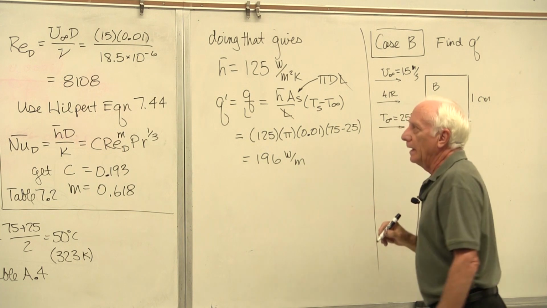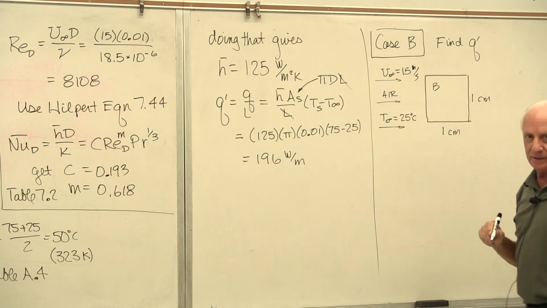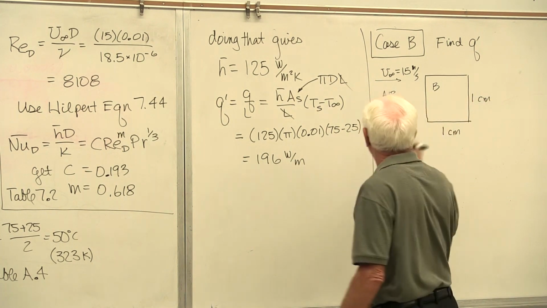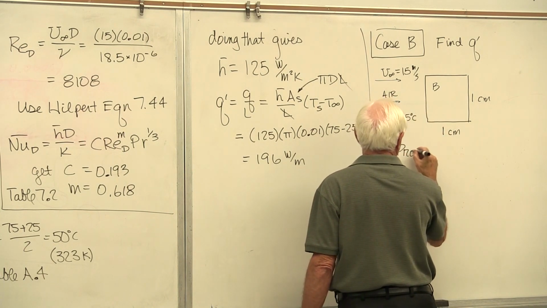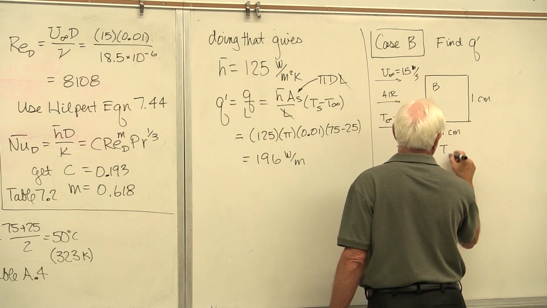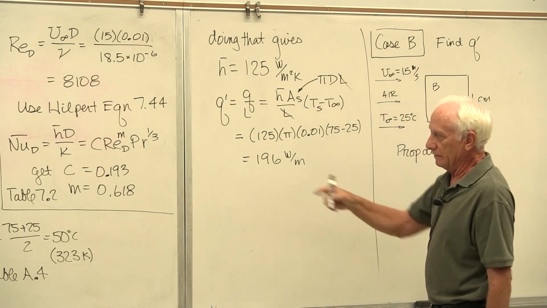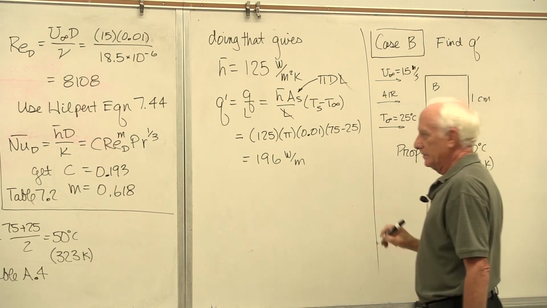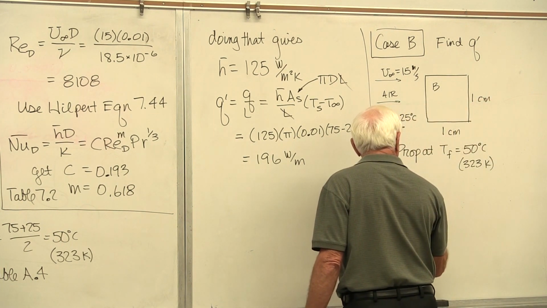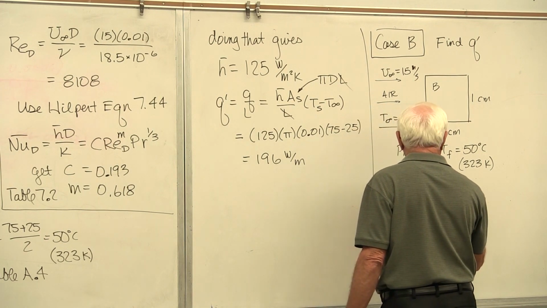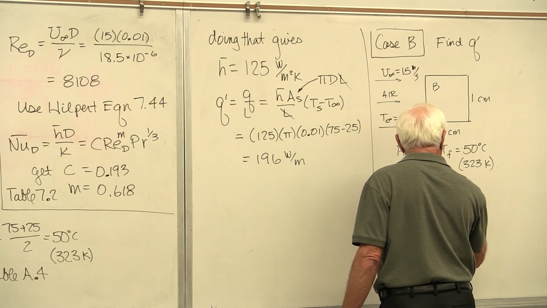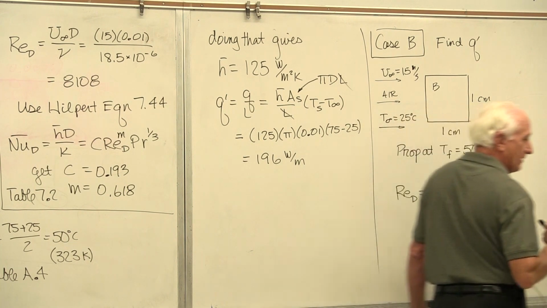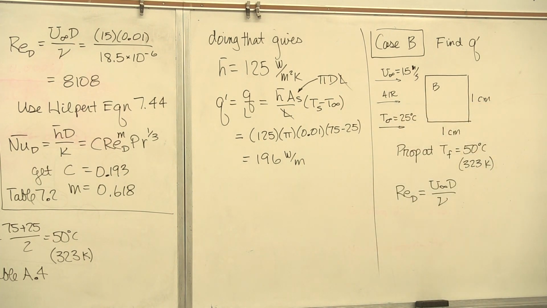All right. Number one, properties. T film is the same thing, 50 degrees C, 323 K. Reynolds number based on D. Okay, have to shift gears. D no longer stands for diameter. This is not a circular tube, it's a square tube.